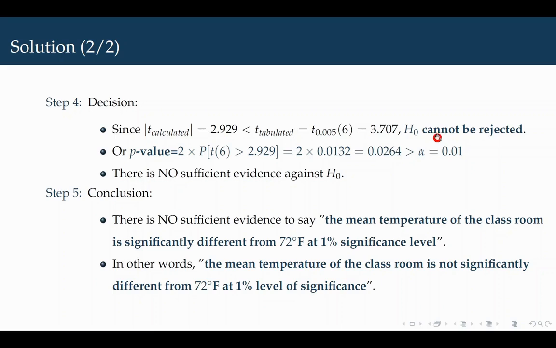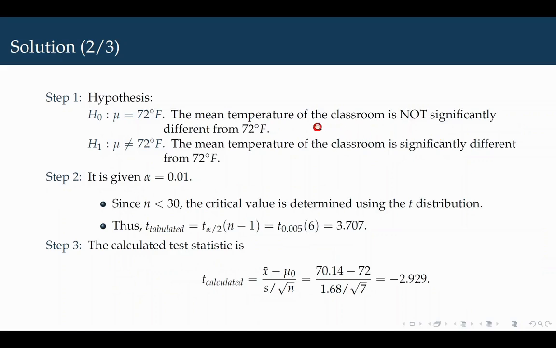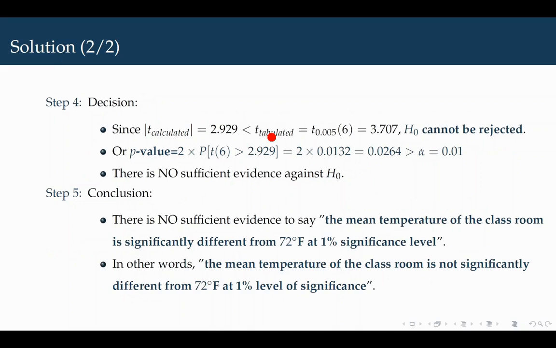So that means there is no sufficient evidence against the null hypothesis, or there is no sufficient evidence to reject the hypothesis that states the mean temperature of the classroom is not significantly different from 72 degrees Fahrenheit. In other words, the mean temperature of the classroom is not significantly different from 72 degrees Fahrenheit at the 1% level of significance.